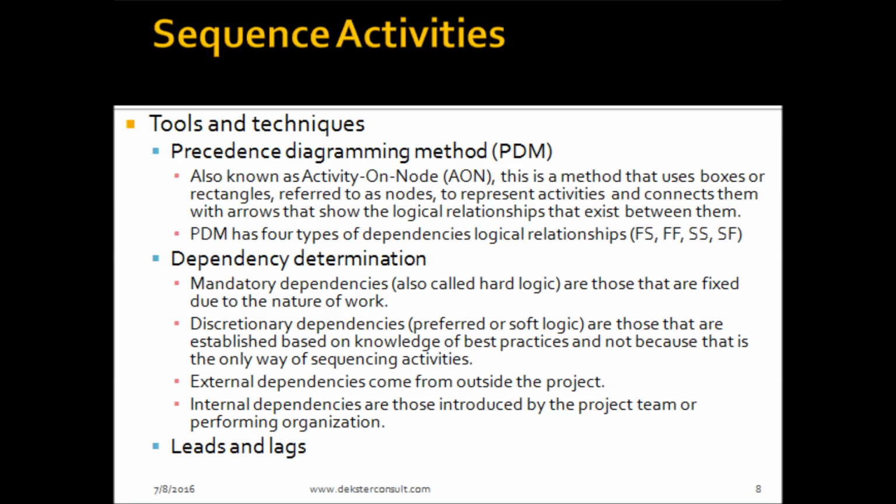A main technique we'll be using is the precedence diagramming method, PDM. It is also known as activity on node. So it's a method that makes use of boxes or rectangles referred to as nodes, and we interconnect them with lines to show the relationships between activities.